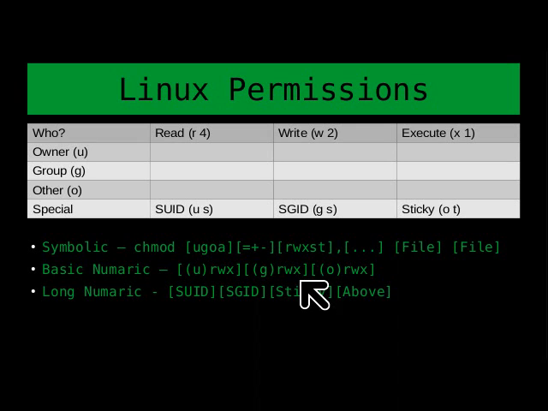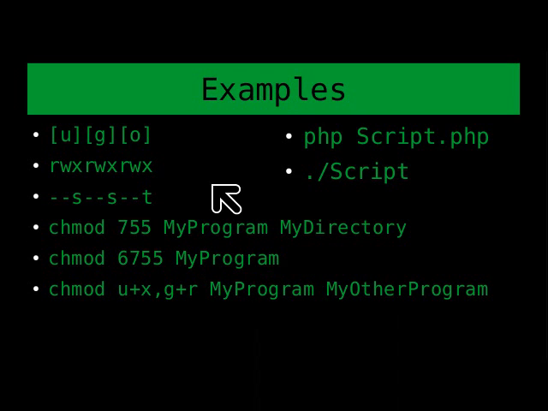And so we can also say, I want to make multiple modifications at the same time to this group of files. Let's take a look over here at our sample. I have two of my programs, and I wanted to add execute permissions to the owner and read permissions to the group.